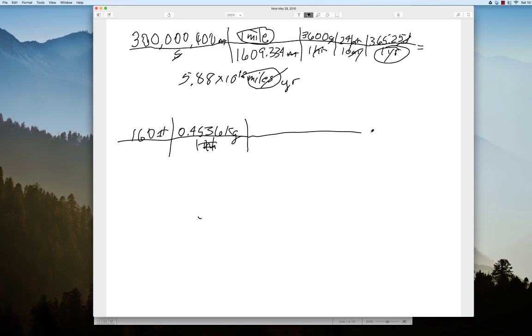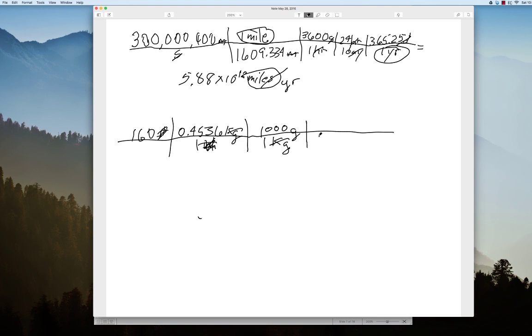So how do we do this? Well, now we can get rid of the pounds here. So now we know 160 pounds. If we multiply these two numbers, we'll know how many kilograms that is. Well, 1 kilogram is 1,000 grams. Kilogram means 1,000 grams.